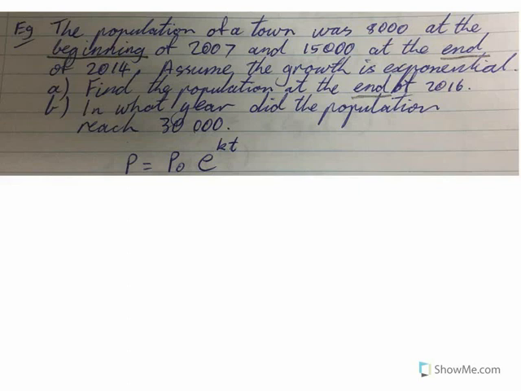Because that means that all of 2007 gets counted in. And then the same one there, it says at the end of 2014, so that means all of 2014 gets counted. So that talks about population.